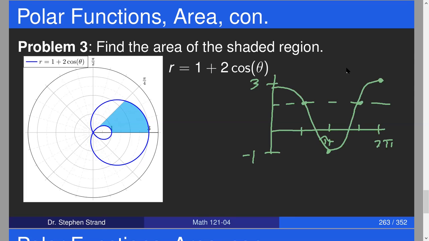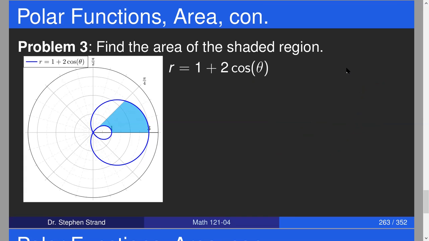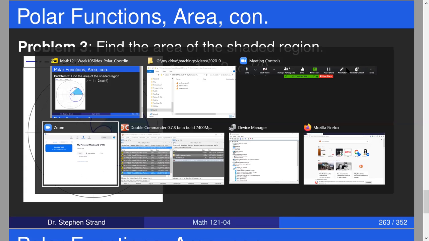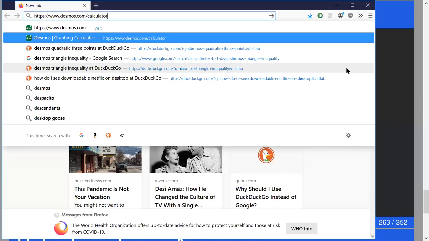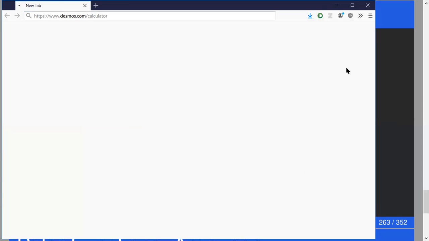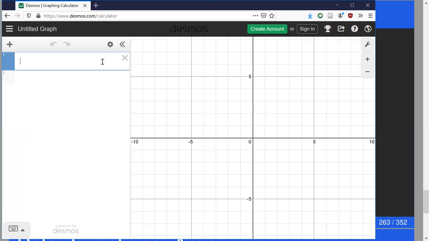Actually, let's go ahead and do that. That's a good idea. Let's do this one on Desmos just because we haven't used Desmos in the last two videos. So just as a reminder, you can graph these polar functions, but we're not going to do that this time. We're just going to look at this as if it was a rectangular function.